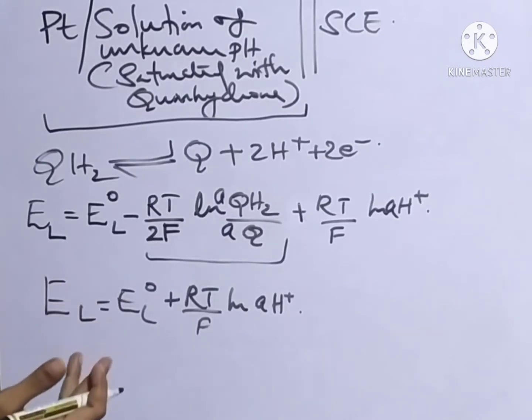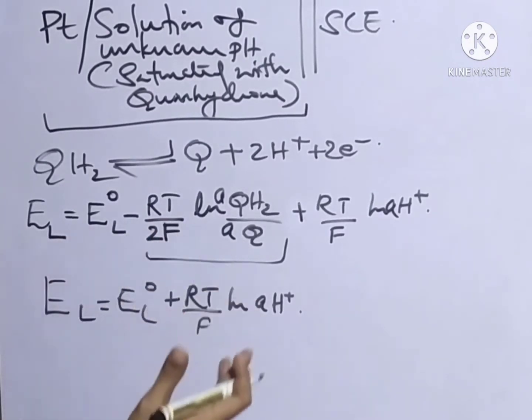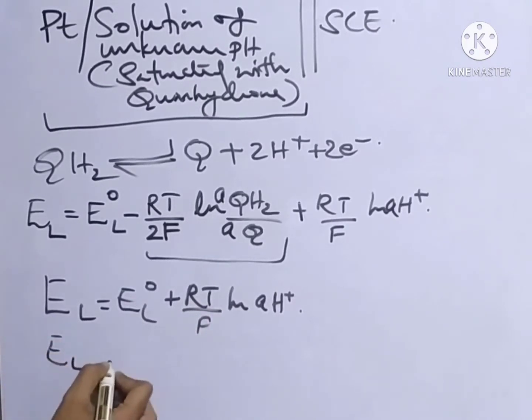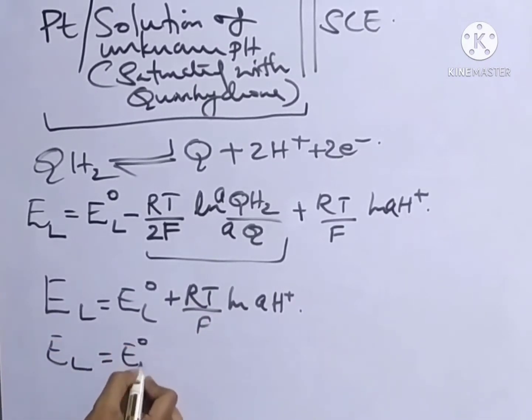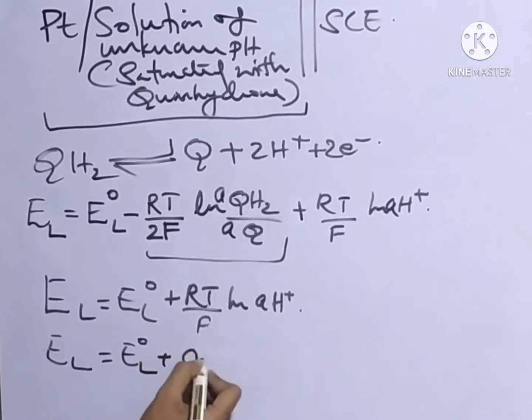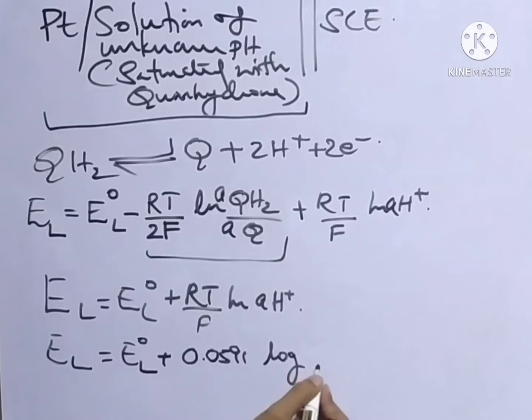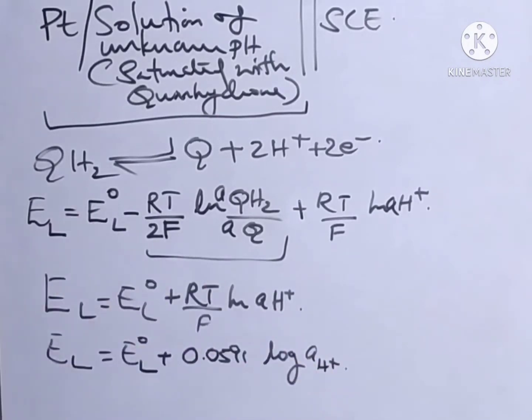Then if I convert it into logarithm base 10, EL equals E0L plus 0.0591 log aH plus.